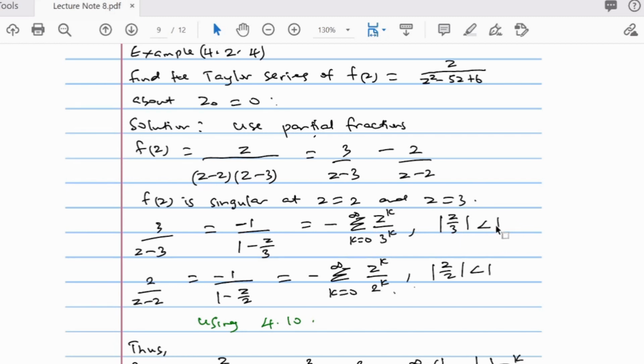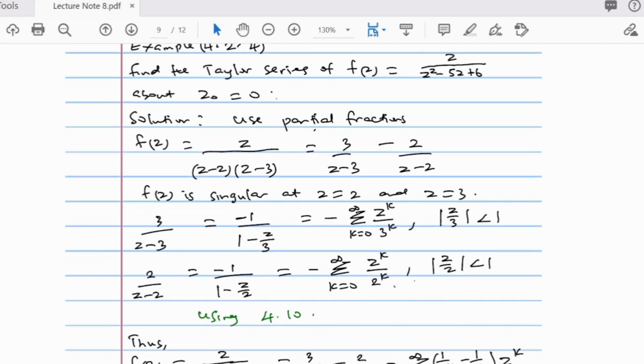So the radius of convergence is 3, and this is the circle of convergence of that series. Okay, for the second one, which is this guy here, divide each term by minus 2. So you get this. Do the same thing here by replacing your z with z over 2.